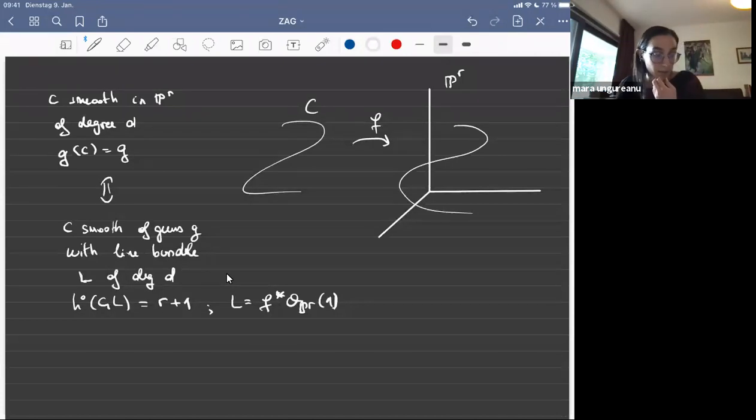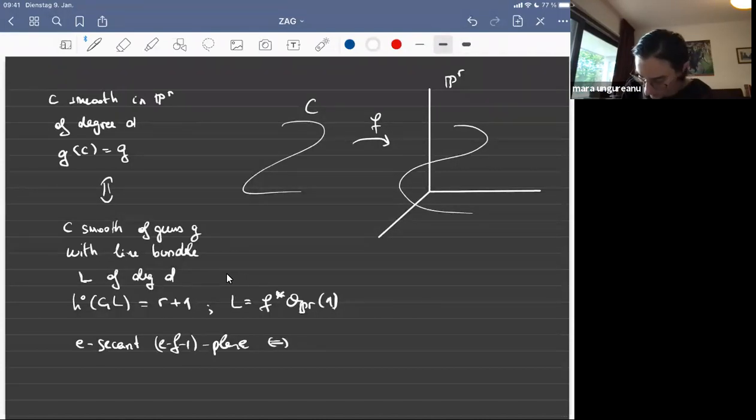Okay, very good. So now how am I going to write my secant planes in this language? Well, let's see. I'm going to say now that the e-secant (e minus f minus 1)-plane is the same as an effective divisor on my curve, p_1 up to p_e.